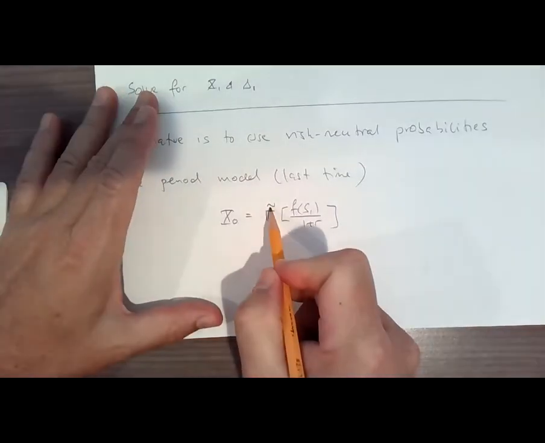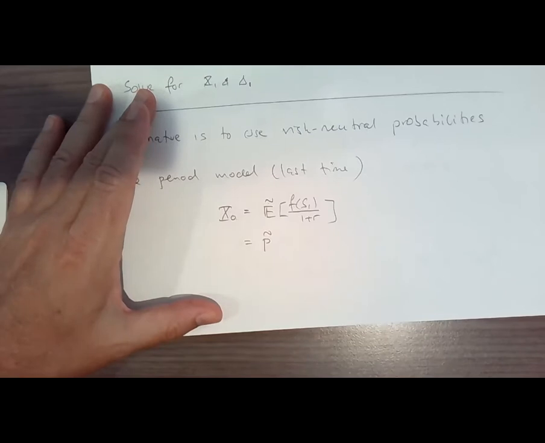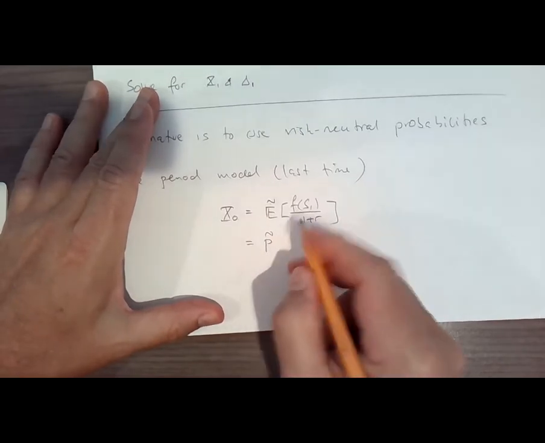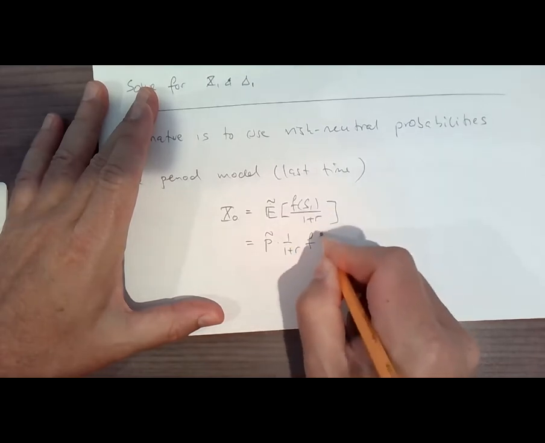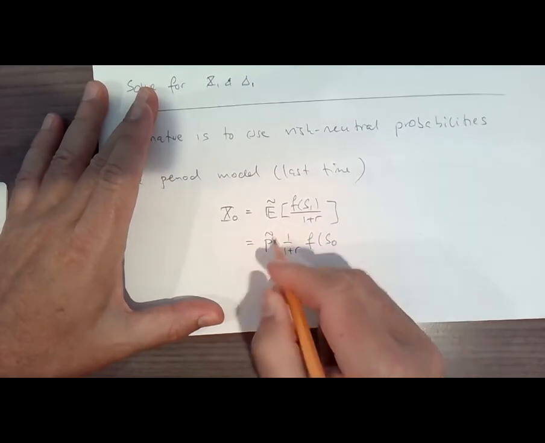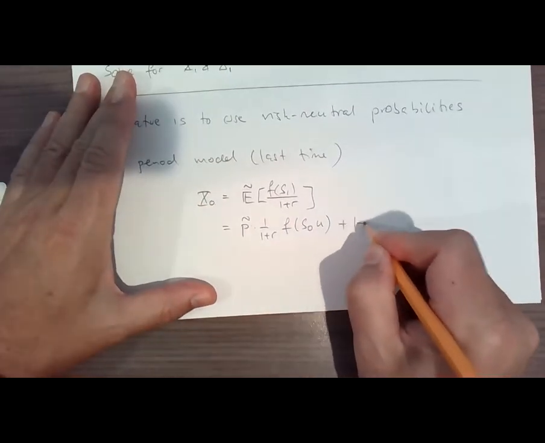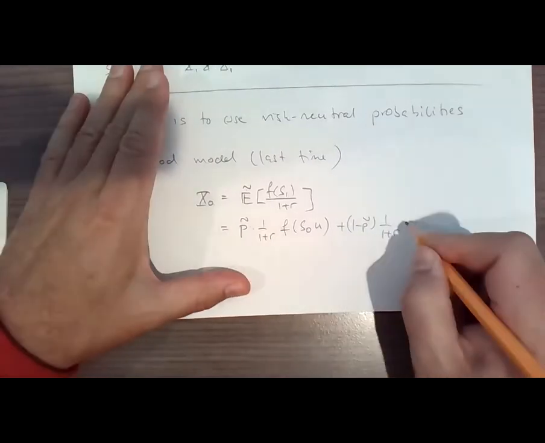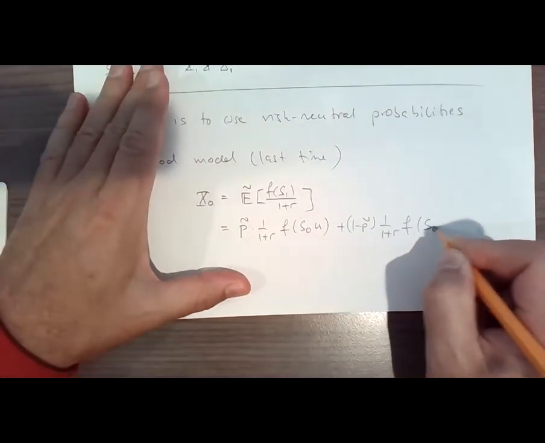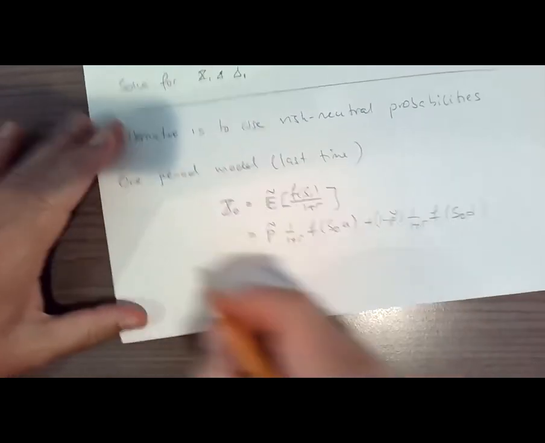These were the risk neutral probabilities, those P tilde. So it is P tilde times 1 over 1 plus R times F evaluated at S0 times the up state, plus 1 minus P tilde times 1 over 1 plus R times F of S0 times D. Right, and what is P tilde?